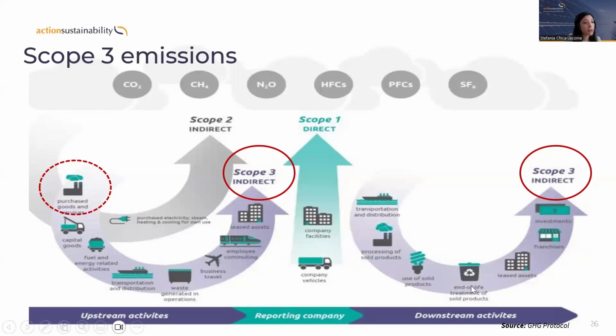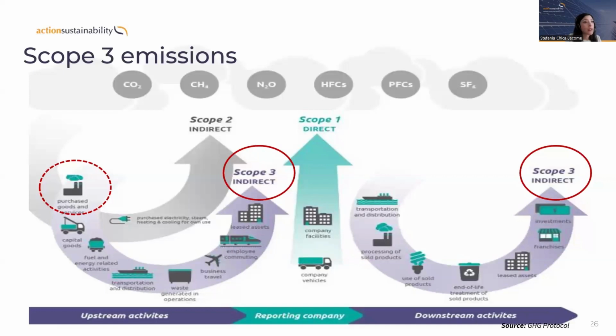Then we have end-of-life treatment of sold products, which are emissions from disposing of products after their useful life. Downstream leased assets are emissions from assets leased to others, such as equipment or buildings.